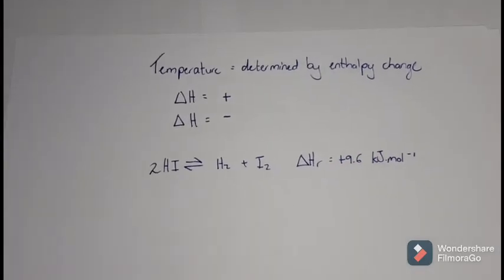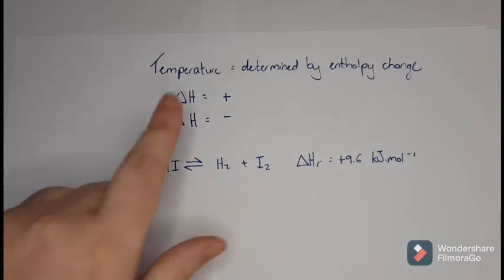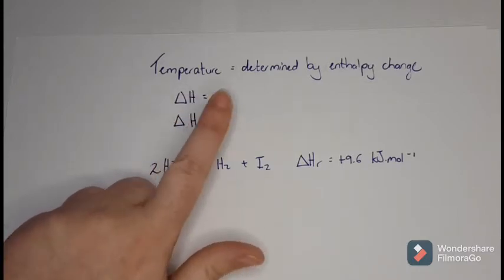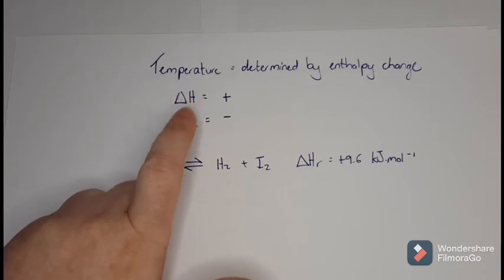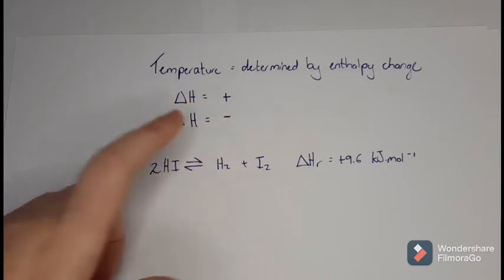So now temperature is going to be determined by the enthalpy change. So if I'm given the enthalpy change of an equation, I will always see delta H, and it will either be positive or delta H will be negative.